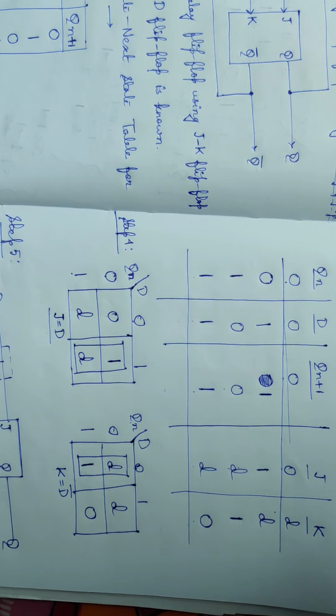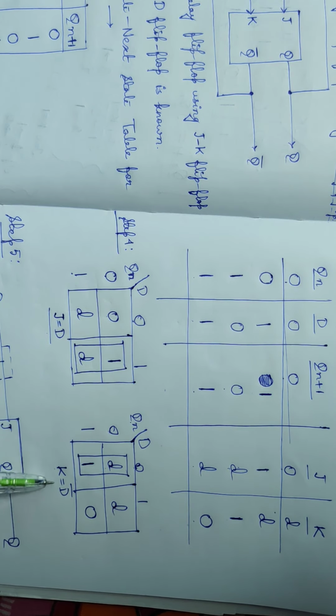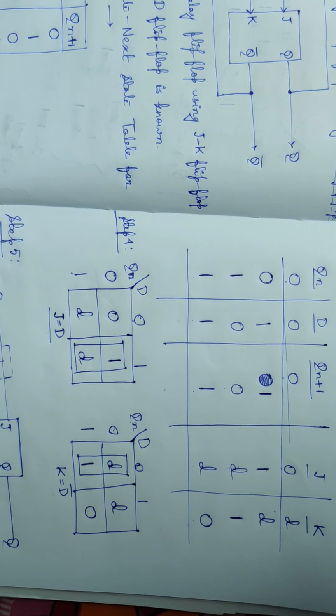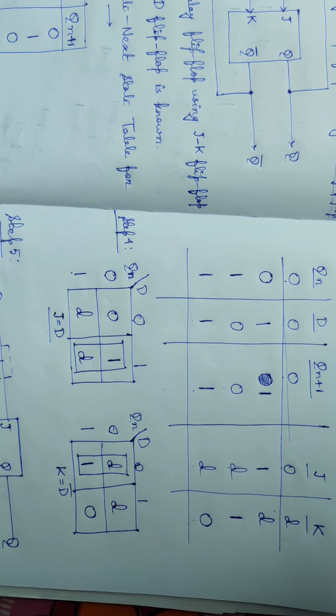Now what will be the next state decoder or the combinational circuit? Here we can see that we have to use one NOT gate because K equal to D bar, only one NOT gate is required. So in the design of the combinational circuit or next state decoder, we will use a NOT gate only.